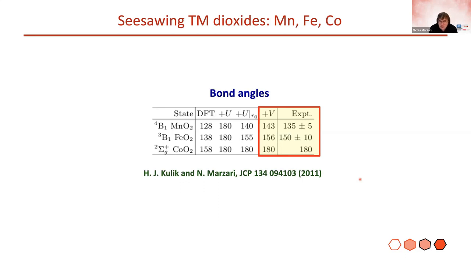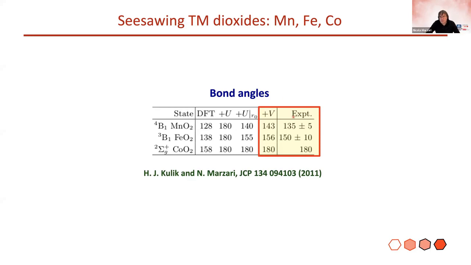You see these seesawing transition metal dioxides. These are 3-atom molecules, manganese, iron or cobalt, that in DFT would be bent, and this is the angle that they make, and in DFT plus U, they would be linear, and they are linear because the U really weakens the covalent bond too much.